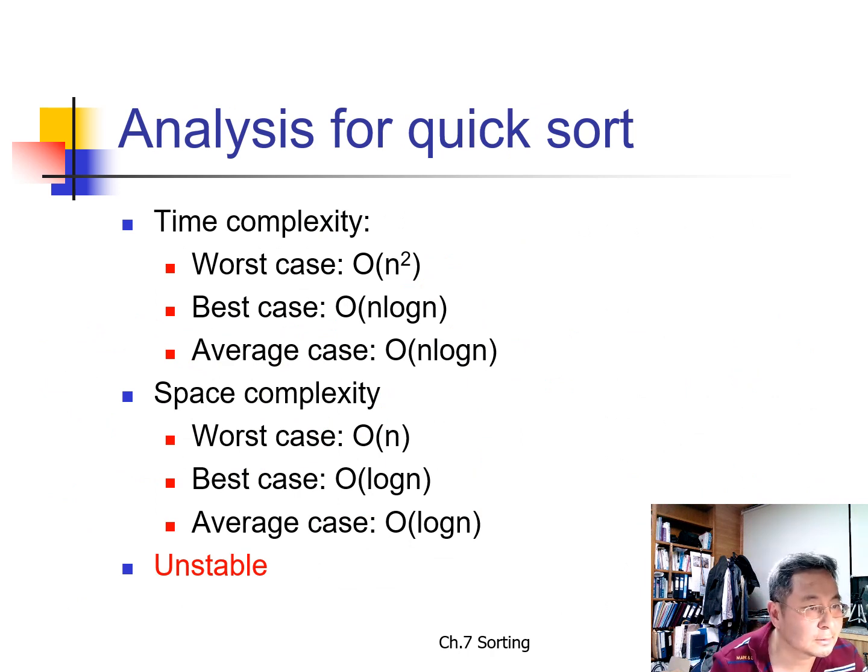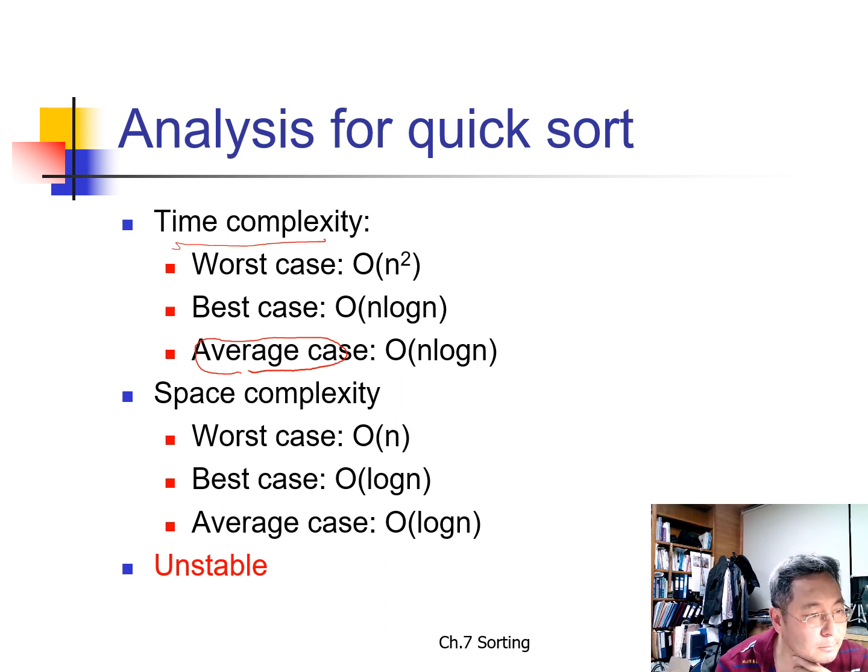Okay, the quicksort algorithm time complexity analysis result is here. If you see this time complexity here, then our time complexity analysis average case is most important.